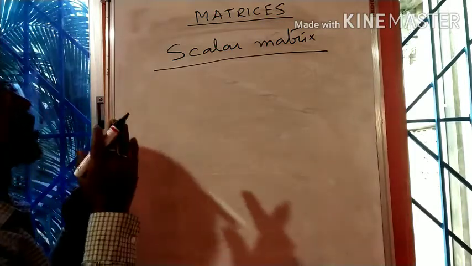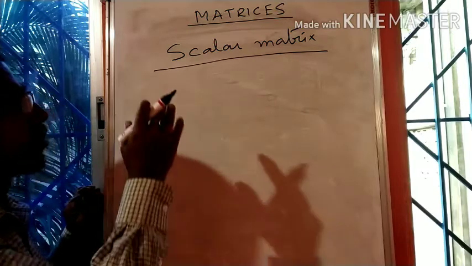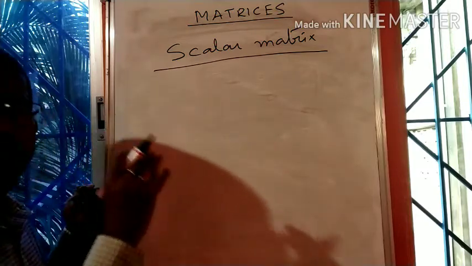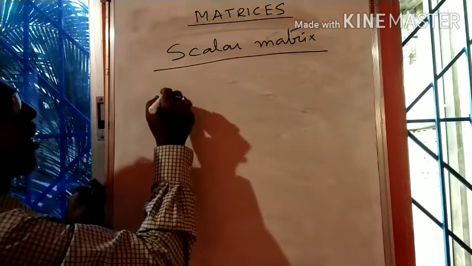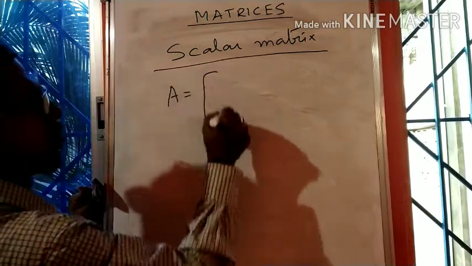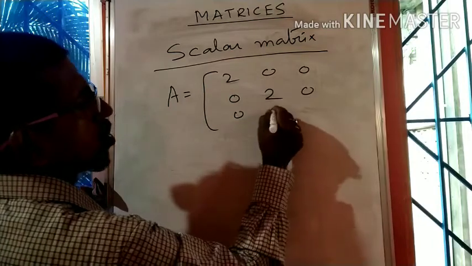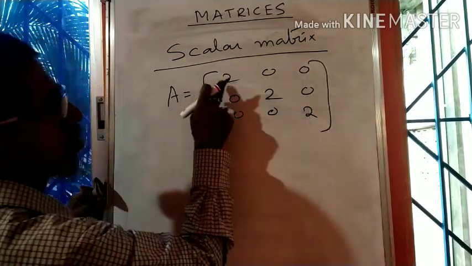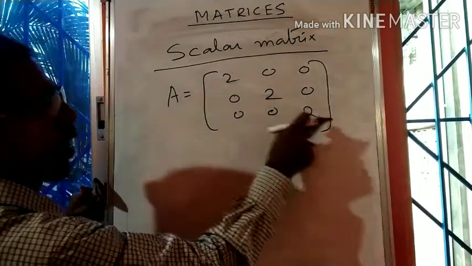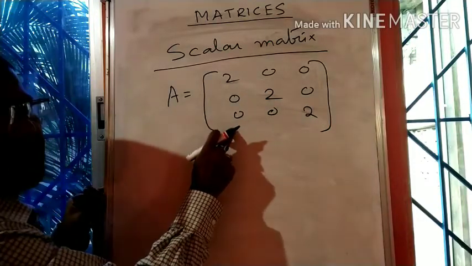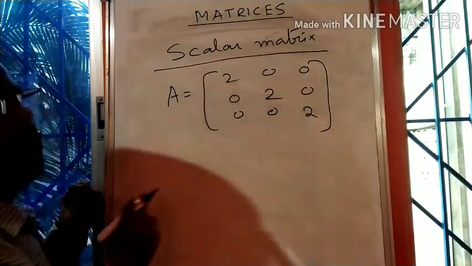That means a scalar matrix is a diagonal matrix whose diagonal elements are equal. As for example, if I write A, suppose 2 0 0 0 2 0 0 0 2. This is a scalar matrix whose diagonal elements are all equal. It is also a diagonal matrix.